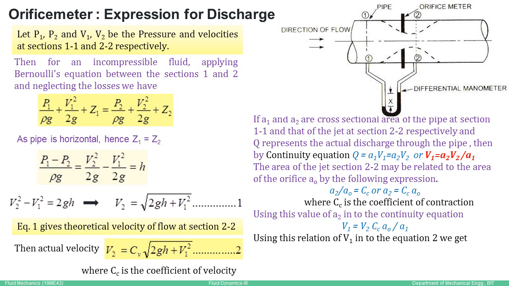Using this relation of V1 in the equation for V2, we have the expression for V2 as Cv into root of 2gH plus V2 square Cc square A0 square divided by A1 square.